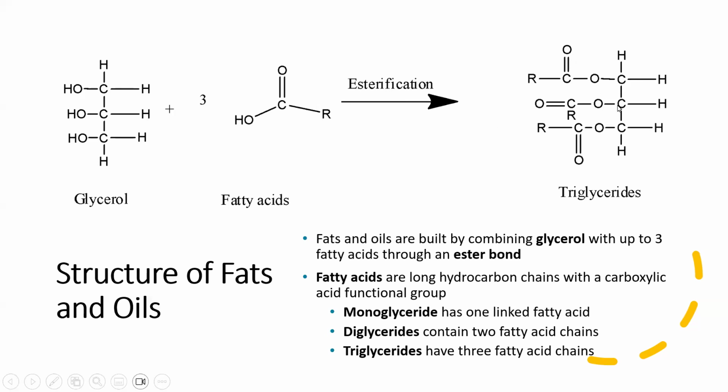Here we have a triglyceride, so we have our glycerol and then 3 fatty acids coming off of it. Just keep that in mind. You have all 3 options for your fatty acids, and the process of forming those mono, di, or triglycerides is through the process of esterification.